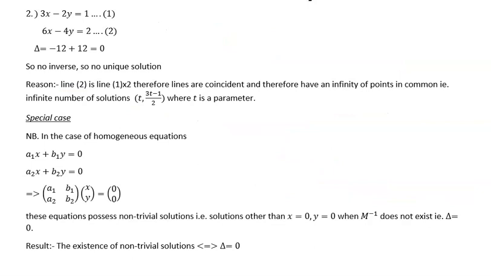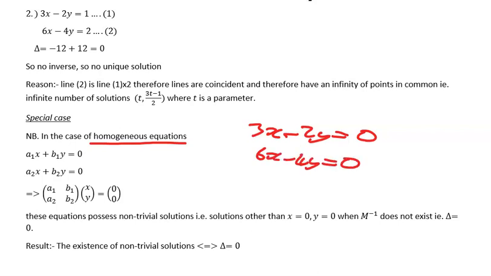Right, we're going to look at a special case, which is that of what's called homogeneous equations. If I pick any 2 things here, I'll just do the same ones I had earlier: 3x minus 2y is equal to 0, and 6x minus 4y is equal to 0.